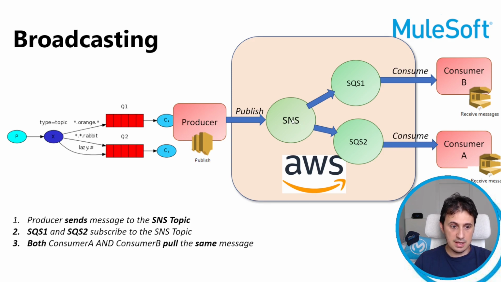Then I have two SQS queues that subscribe to this SNS topic. And then I have both consumers that pull the message from the SQS queue. Okay, let's move back to Anypoint Studio and the Amazon AWS console.